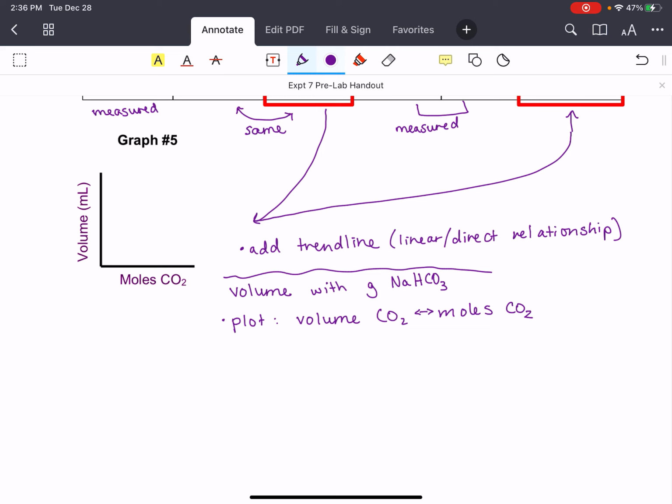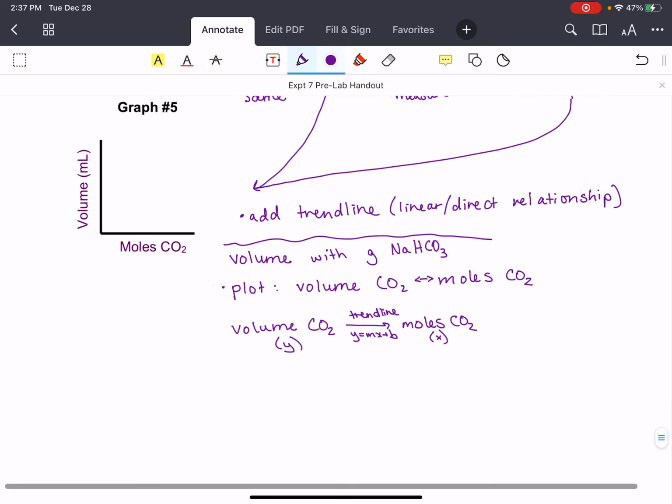And you can see that sodium bicarbonate is not a direct thing that you can get by using the plot. However, if you know the volume of CO2, you can use the trend line to solve for the moles of CO2. So this is something we can do with our trend line. You would plug in a value for y, use y equals mx plus b, and be able to solve for your x value, which is the moles of CO2.